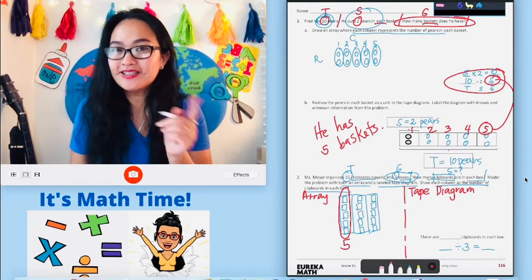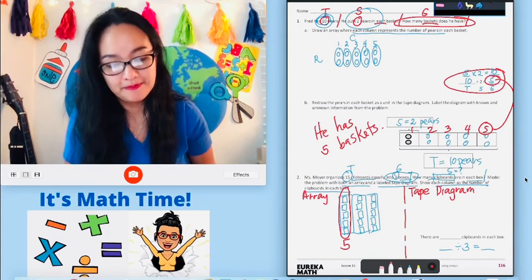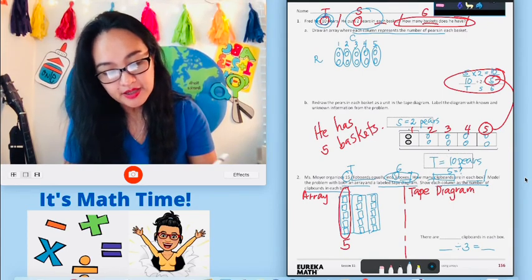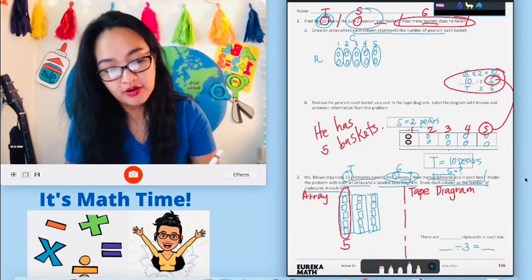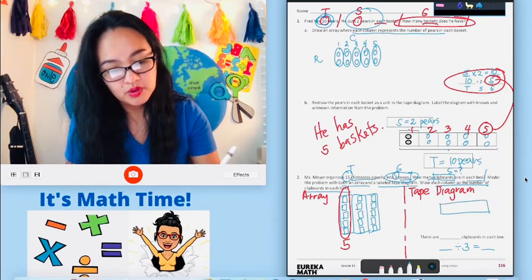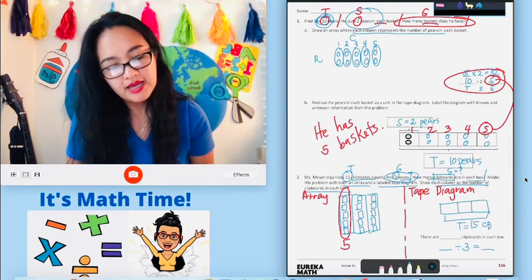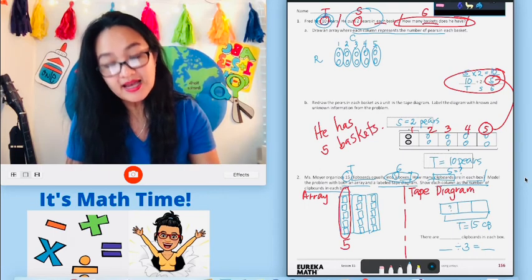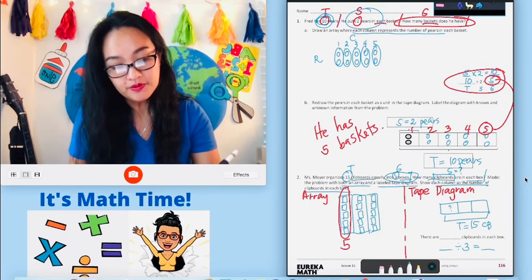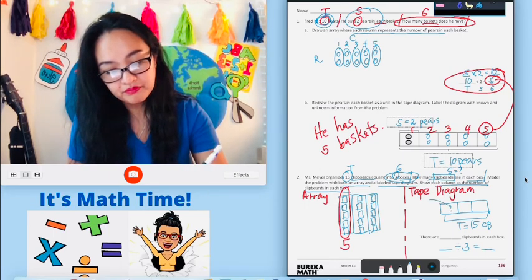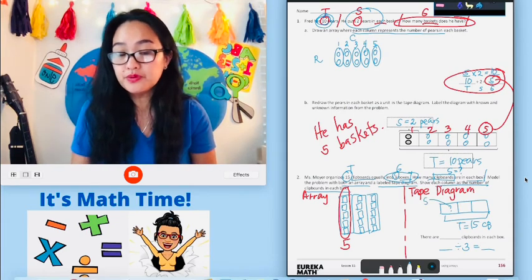Now, let's redraw it in our tape diagram. For a tape diagram, I know that there are 3 boxes. 1, 2, 3. I also know my total is 15 clipboards. And of course, I don't know my size. So now, what should I do?